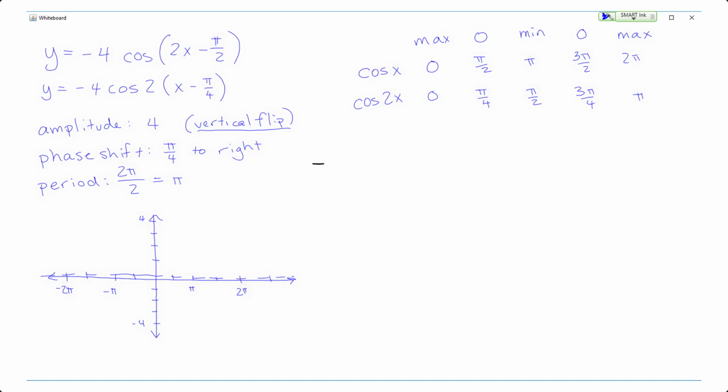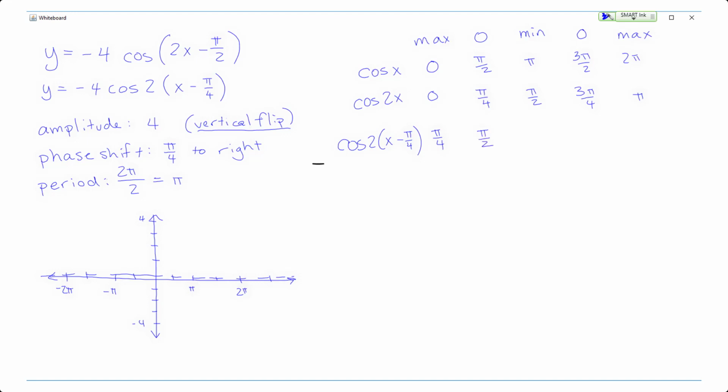Now it's going to be shifted to the right. So cosine 2 times x minus pi over 4. So all these points are just going forward, to the right by pi over 4 units. So 0 plus pi over 4 is pi over 4. Pi over 4 plus pi over 4 is pi over 2.